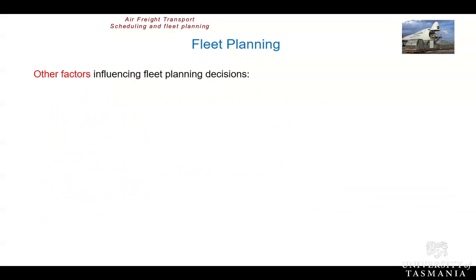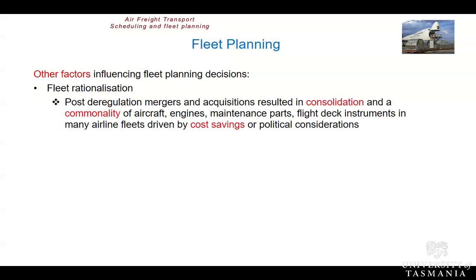Now, a couple of other things that have impacted on fleet planning along the way is this idea of fleet rationalisation. Now, fleet rationalisation is this idea, as a result of deregulation, there are quite a number of mergers and consolidation. So this is two airlines getting together and having a look at the aircraft that they've got in their fleet.